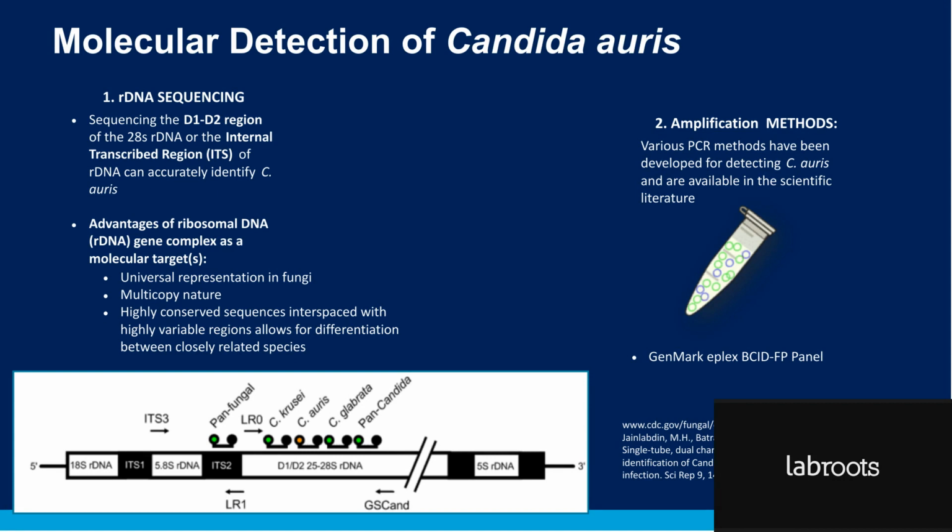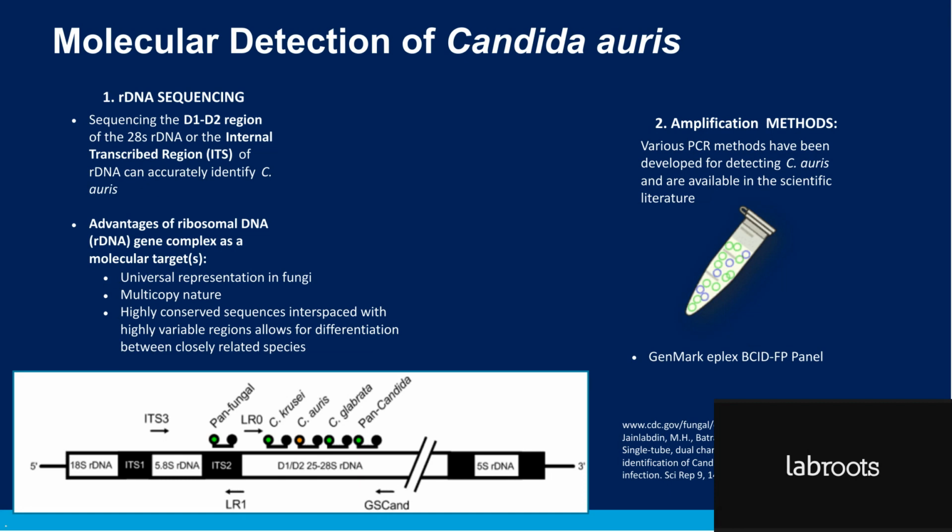Sequencing the D1 and D2 region of the 28S ribosomal DNA, or the internal transcribed region, ITS, so also the ribosomal DNA, can accurately identify Candida auris. And the reasons are a few. It is a very good region to target because it is universally represented in fungi.